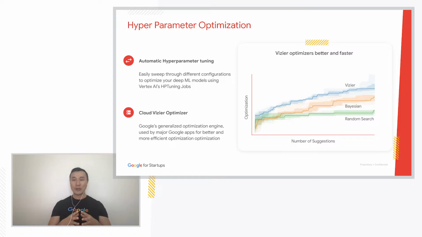By default, Vizier leverages Gaussian process bandits, linear combination search, or some other variants to find the most optimal parameters for your model. So these things are all built in within Vertex AI that you'll be able to leverage.